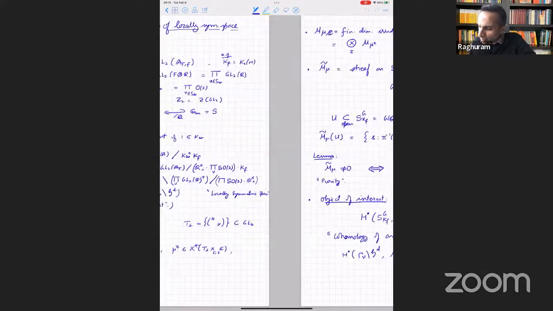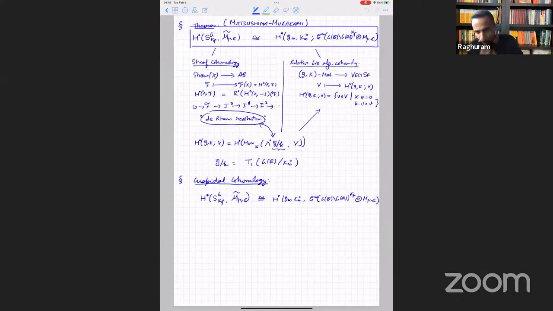So that inclusion of the space of smooth cusp forms in the space of automorphic forms. A deep theorem of Borel says that this inclusion in fact induces an inclusion in cohomology.